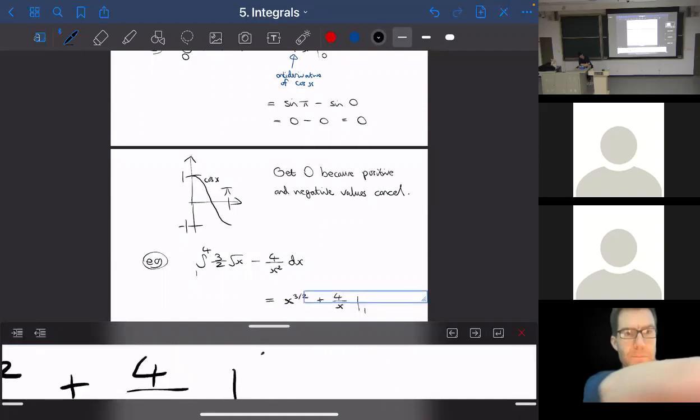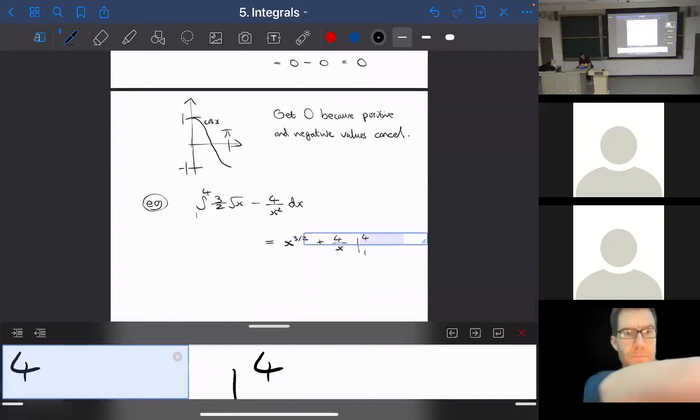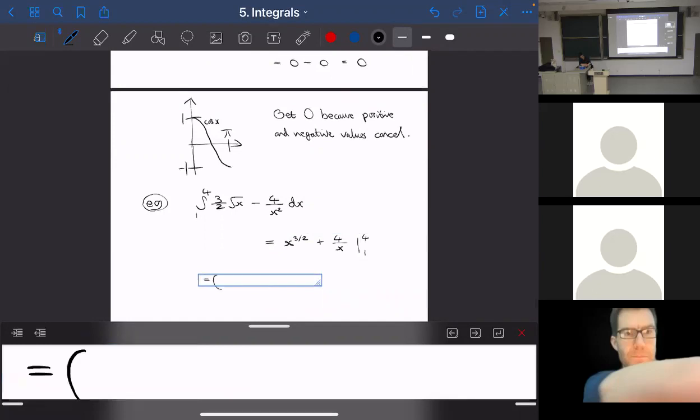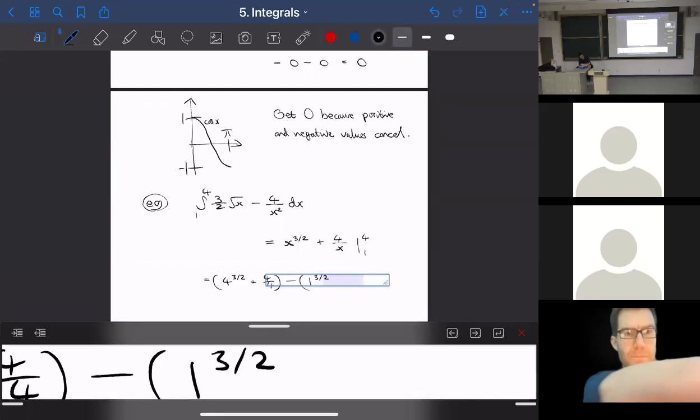And I take a difference of its values like that. So what do I get? 4 to the power 3 over 2 plus 4 over 4, minus 1 to the power 3 over 2 plus 4 over 1.